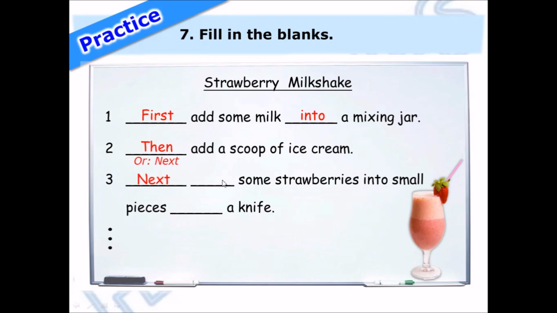Next, or then, some strawberries. What do you do with the strawberries? Can you find a suitable action word? Cut some strawberries into small pieces. A knife is a utensil. With a knife.